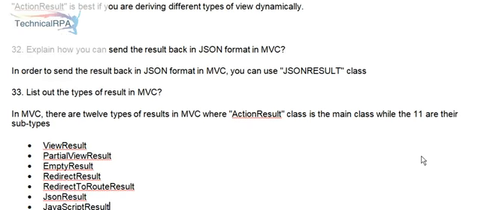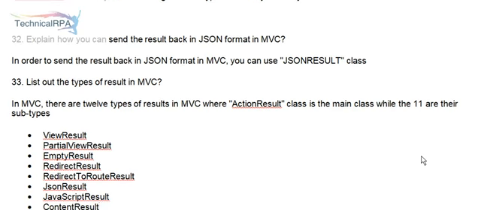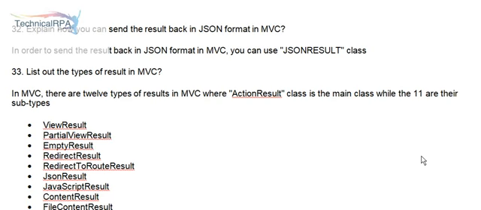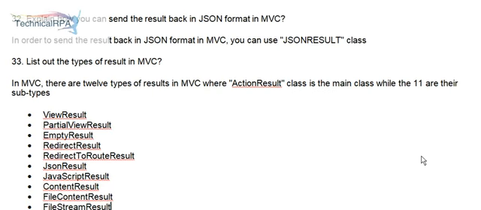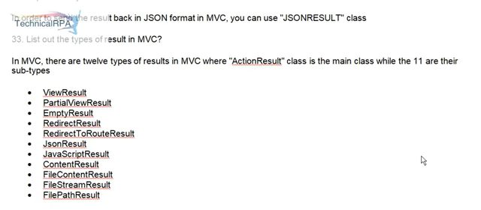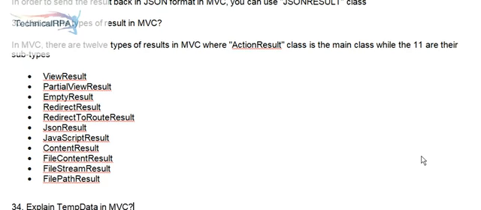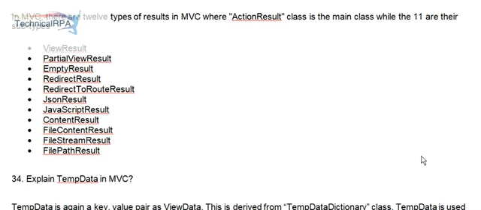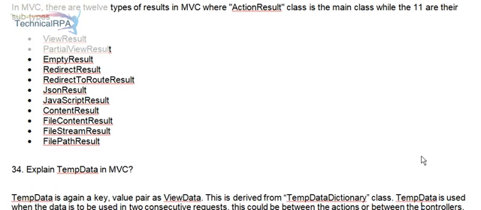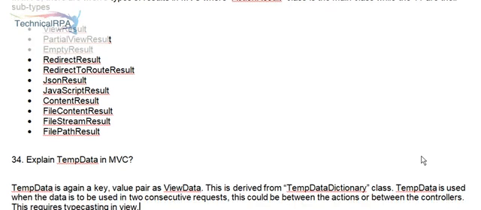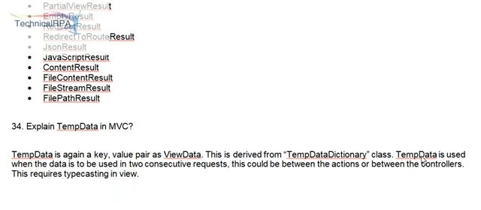In MVC, there are 12 types of results, where action result class is the main class, while the 11 are its subtypes: view result, partial view result, empty result, redirect result, redirect to route result, JSON result, JavaScript result, content result, file content result, file stream result, file path result.